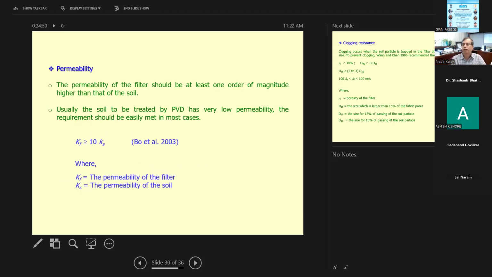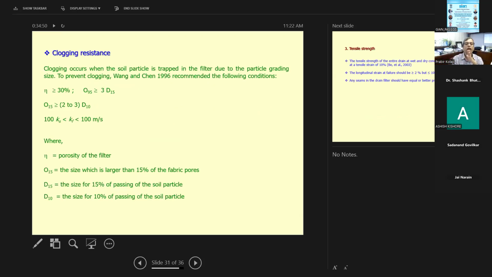Permeability, as I mentioned, the filter material should be more permeable than the soil. So the KF for the filter should be at least 10 times that of the soil. And the clogging resistance also needs to be checked depending on the porosity. It should be more than 30%, and O95 should be more than 3 times D15. So that one you need to check.